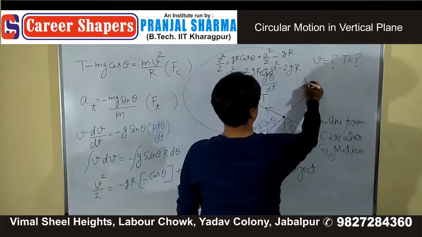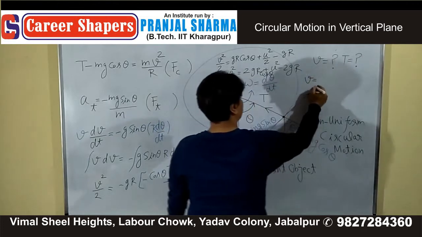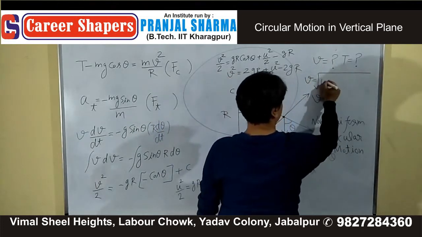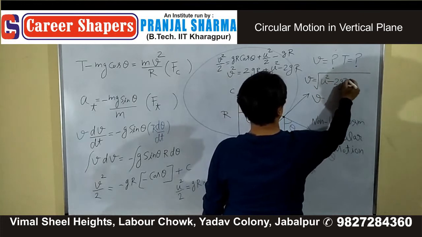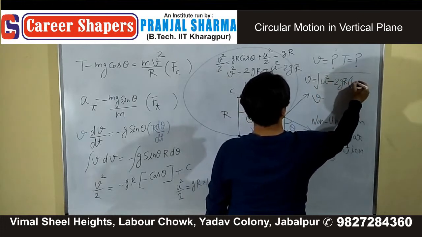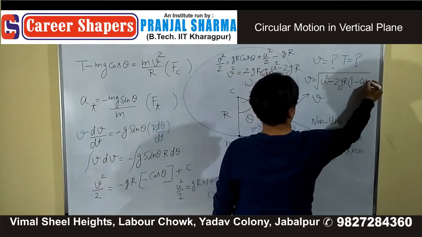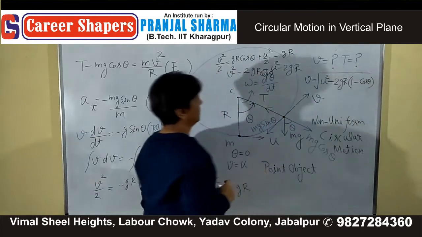That gives us v as root over u square minus 2gr into 1 minus cos theta.